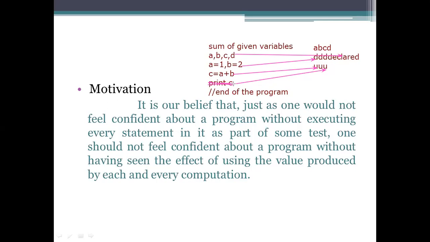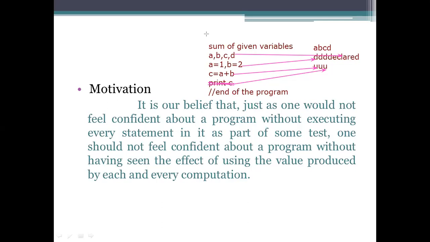At the end of the program, you have used three different variables: two are defined, the third is defined by using the above two, and the fourth remains undeclared, undefined, or unused there itself.